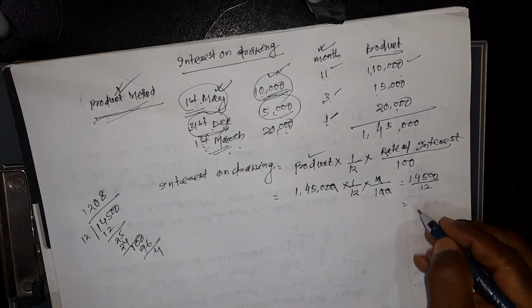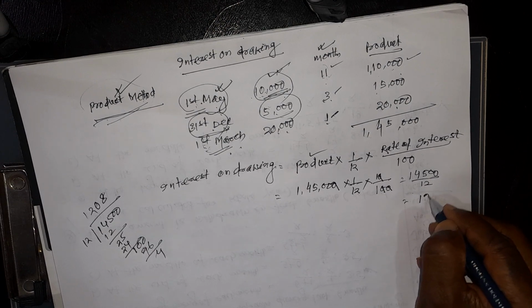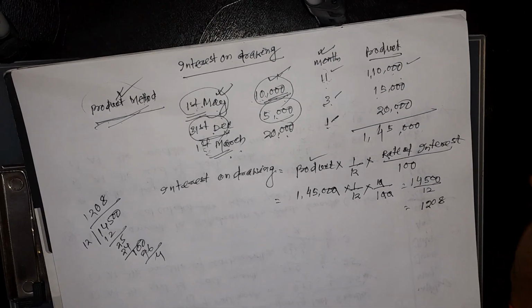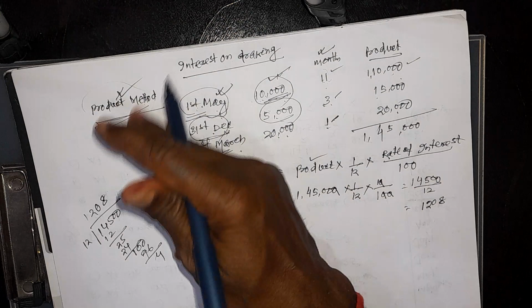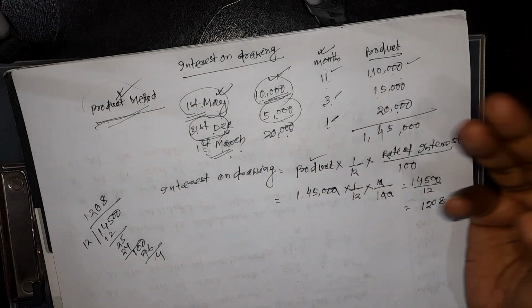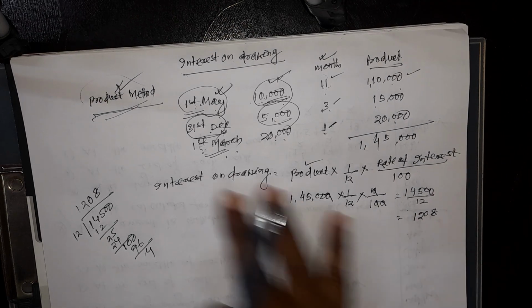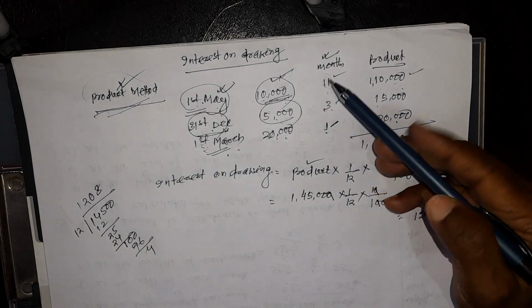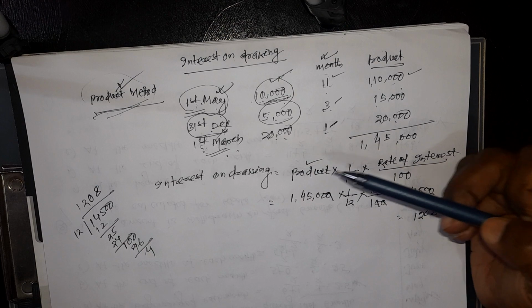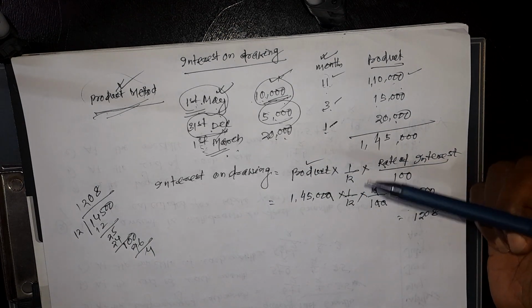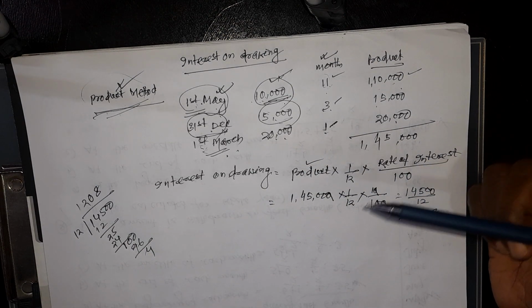You will take the nearest value, 1208. Clear? So these are the two methods. The average period method was lengthy, so many cases are there, but under the product method there are no such cases, so it is very easy. But for the average period method, I explained all the conditions, so I hope all of you understood it.